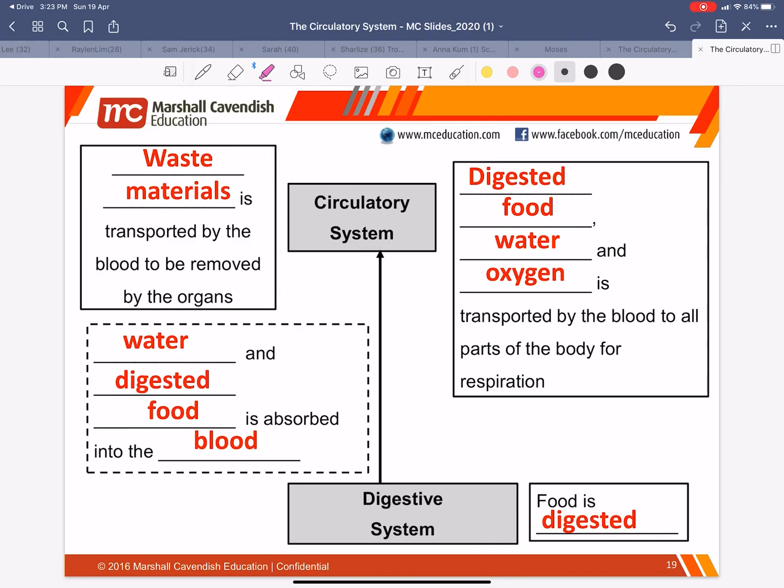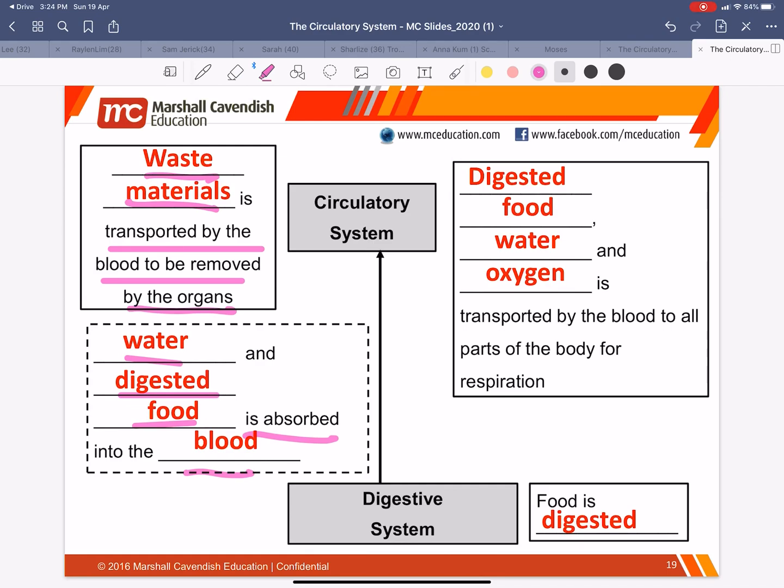And how does your circulatory system and your digestive system interact? Waste materials is transported by the blood to be removed by the organs. Water and digested food is absorbed into the blood. So sometimes, just a side note, water can be considered as a waste product or can be considered as a useful product based on the situation.